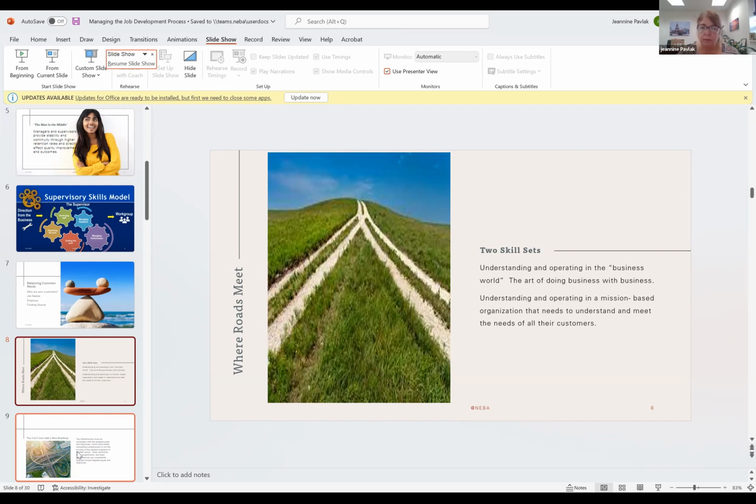But at the same time, when you're working in the employment field, you also have to walk down that employer path as well, really understanding businesses' needs, which are different than the needs of the individuals that we support. They need to understand and operate the mission of the organization and have that meet there in the middle at the very top point, so that they can balance all of those customers' needs. So it's really a challenging position.